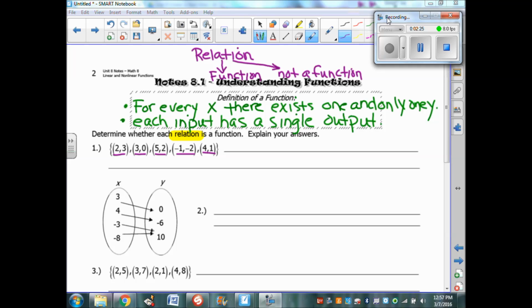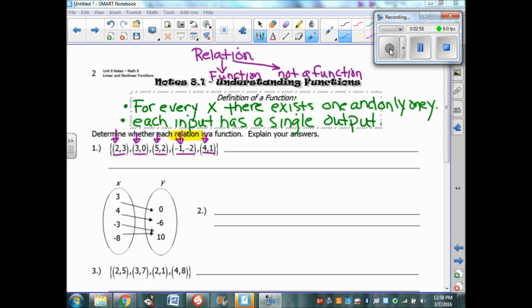So I'm going to determine if this is a function. What do I need to look at? I really need to focus in on my inputs. I have a 2, I have a 3, I have a 5, I have a -1, and I have a 4. None of my inputs have been repeated. I don't have any x's that repeat themselves, so each input has its own output.